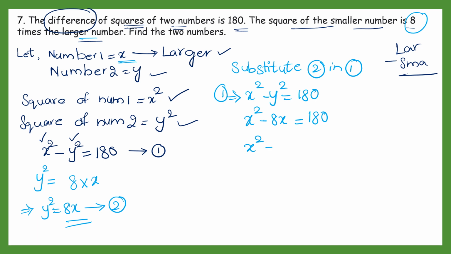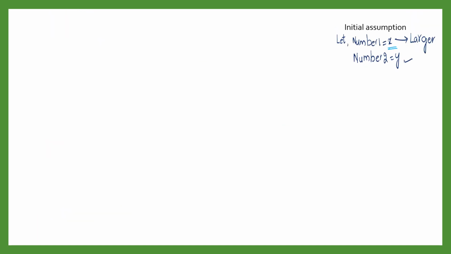Now 180 on right side of the equation, if it comes to left side, it will become minus 180 is equal to 0. This is the quadratic equation we got. X square minus 8x minus 180 is equal to 0.